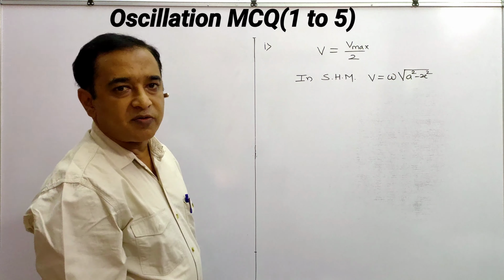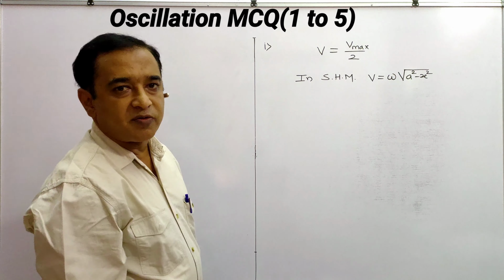Here the cancellation factor we have is omega on both sides, so omega gets cancelled. Let us square this so as to discard the square root. So squaring both the sides, we are going to get A square minus X square is equal to A square upon 4, squaring the right hand side.